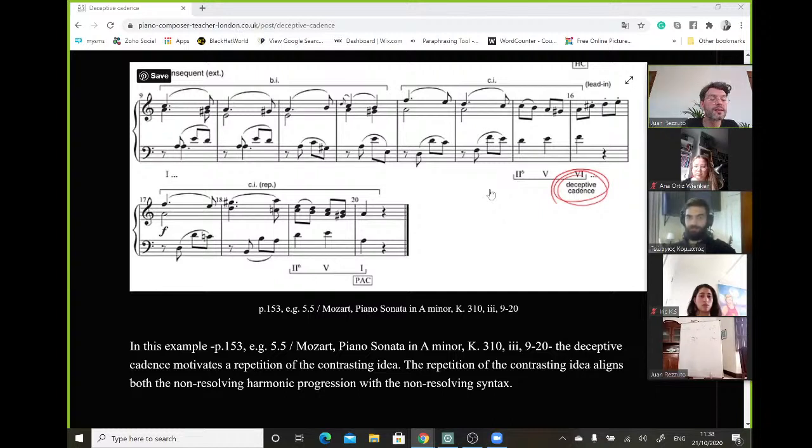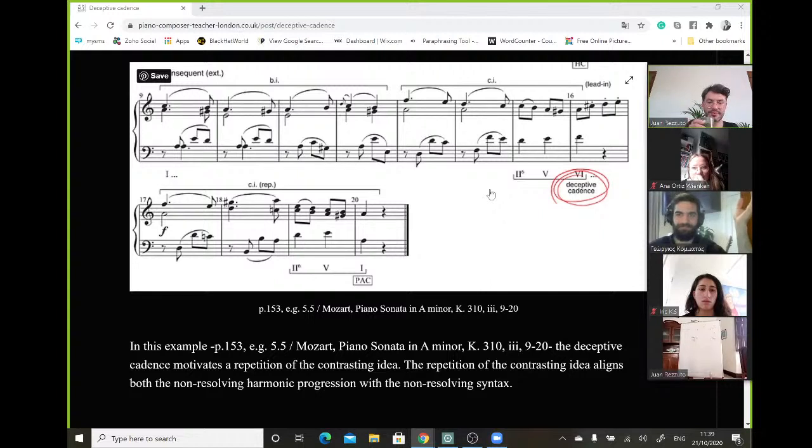Georgios, can you please close this passage without a deceptive cadence in the piano? You just play the, what is it, 20th bar. No, finish it on bar 16, no? Yeah, instead of bar 16, you play bar 20, basically.